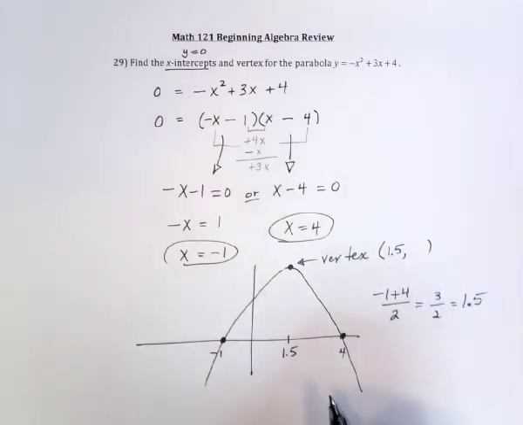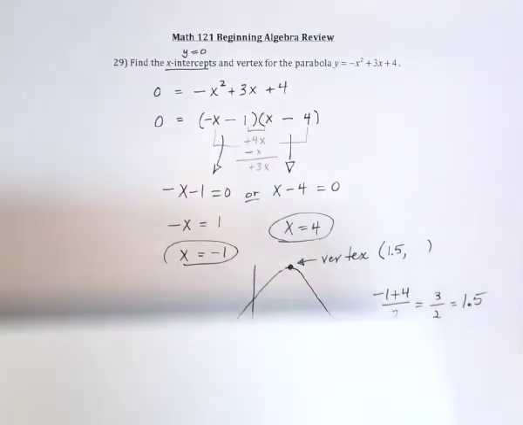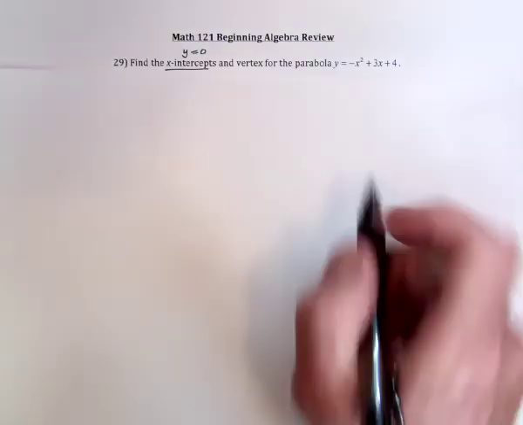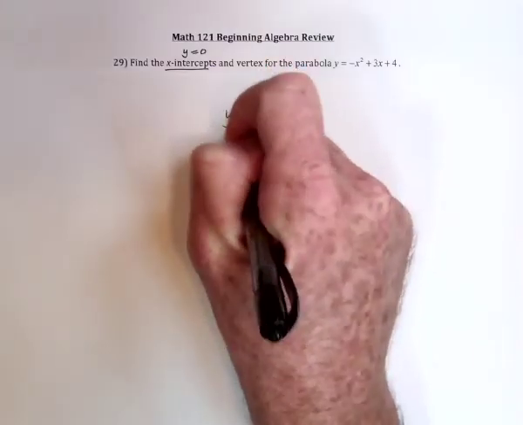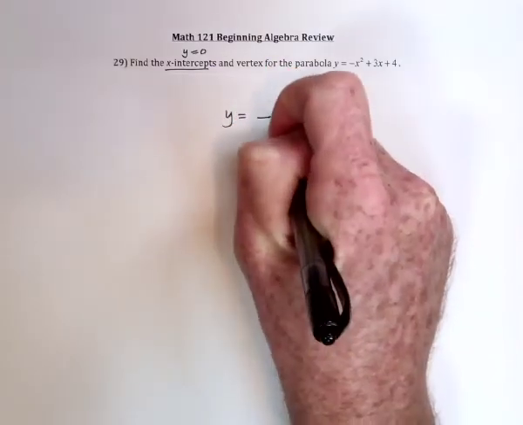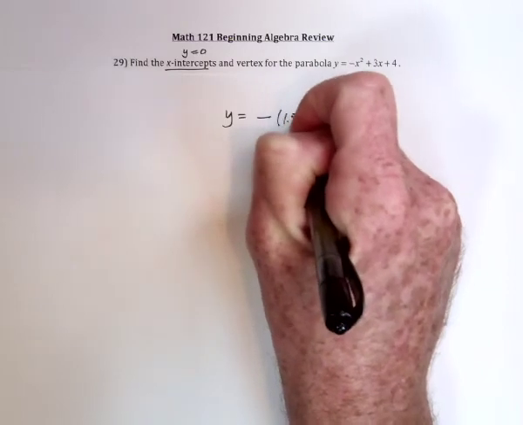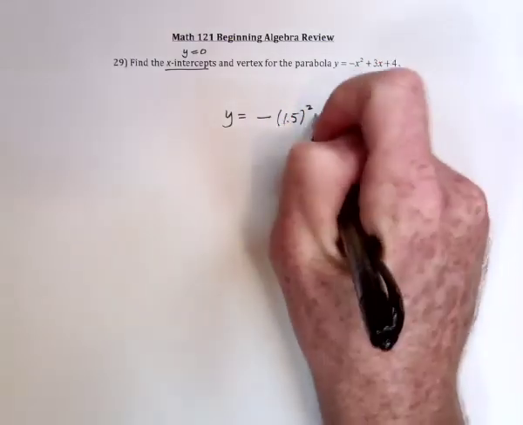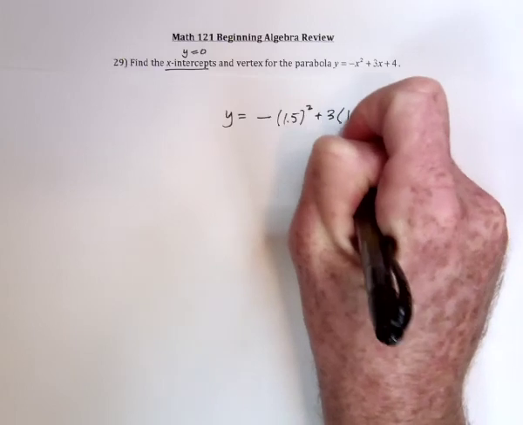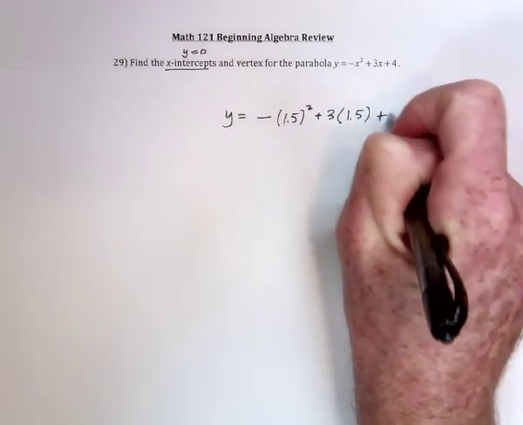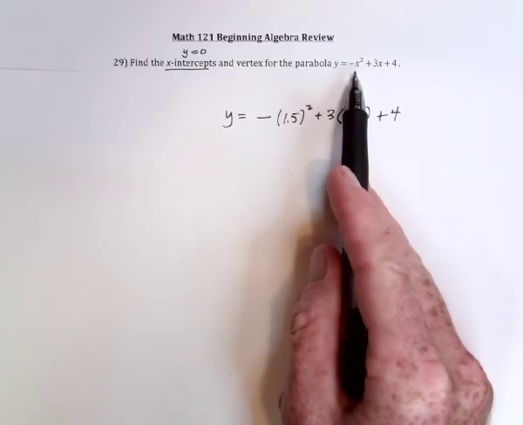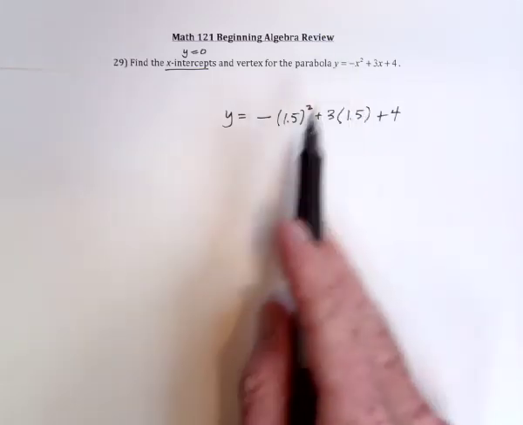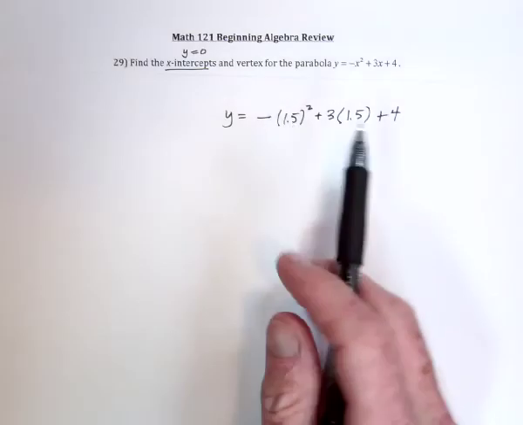In order to do that, we would take the 1.5 and substitute it in for x over here. So the y will equal negative, and then 1.5 is squared, plus 3 times the 1.5 plus 4. Notice that in here the negative is not being squared, only the x. So it's only the 1.5 that's being squared.